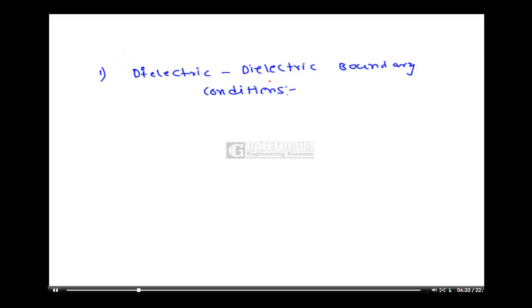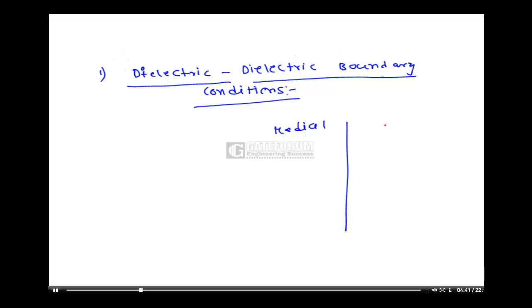We will see first the dielectric boundary conditions. That is, the two media are dielectrics only. This is media 1, media 2.